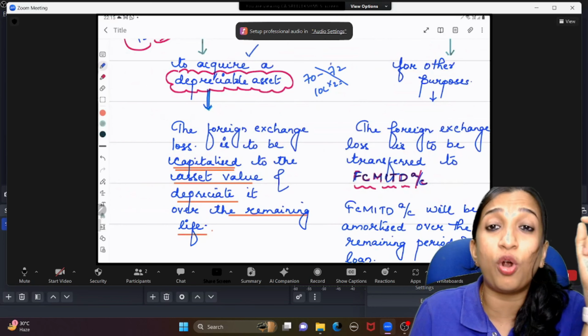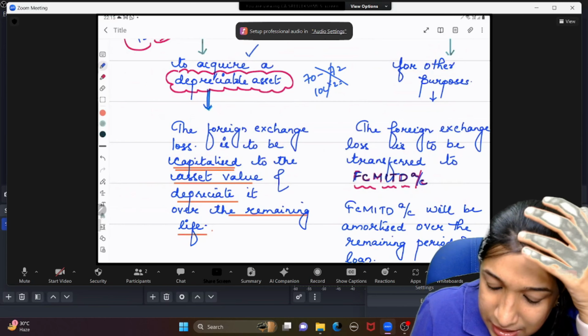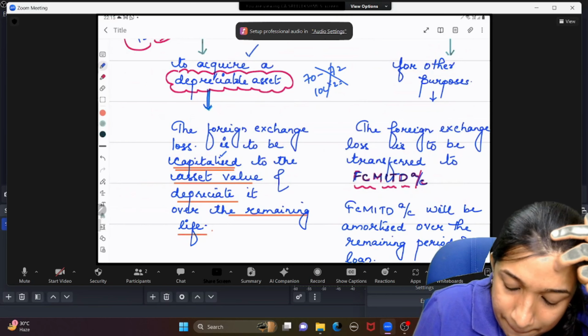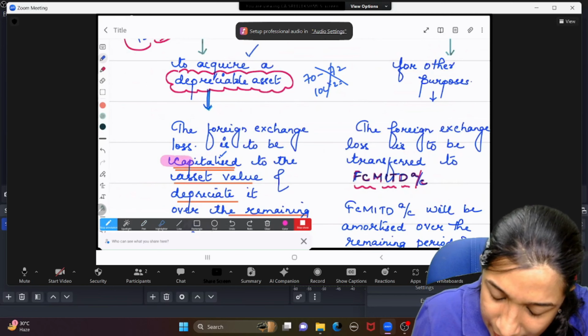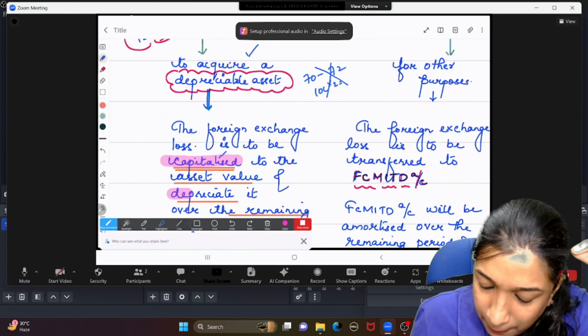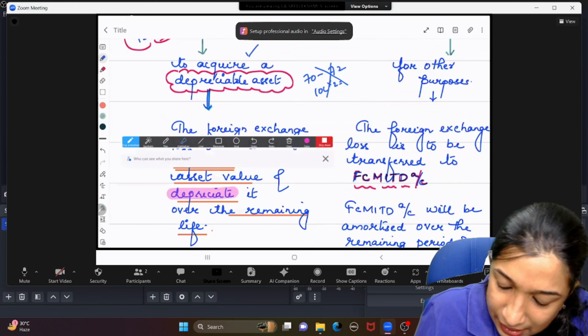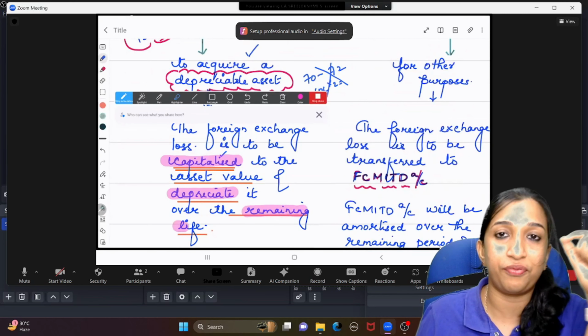So don't record the loss in P&L. Instead, that loss can be capitalized, and the asset value should be depreciated over the remaining life.